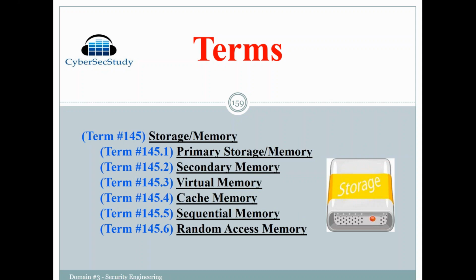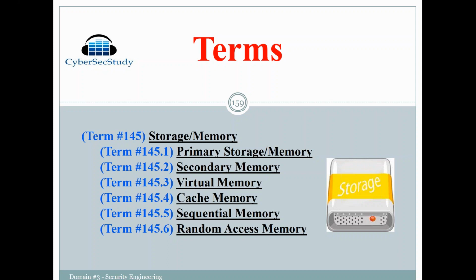Storage and memory. Computer data storage is referred to as storage or memory. Storage is a component of a computer that retains information or data over time. Primary storage or primary memory is the memory inside the computer, and it's directly accessible to the CPU. RAM would be an example of primary memory inside the computer, directly accessible to the CPU.